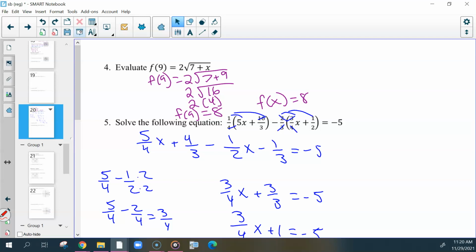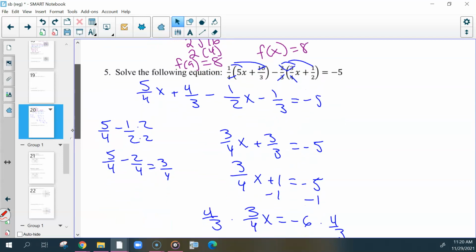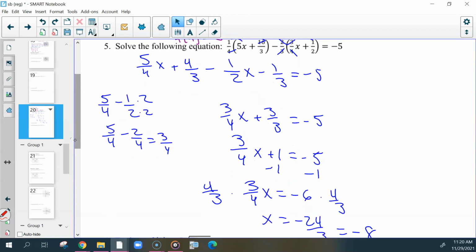Number 5 was a little bit complex because it has all these fractions. You needed to distribute. And then once you distribute, you end up with 3/4 x, and combine like terms. 3/4 x plus 3/3, which simplifies to just 1. This looks more like a normal equation.